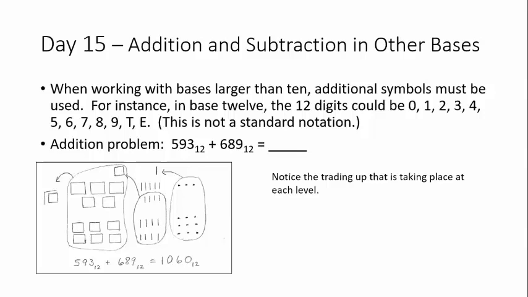I circle the 12 flats and draw an arrow to the cube that I draw. The uncircled elements in my diagram make the sum. I have 1 cube, 6 rods. I don't have any flats, and I don't have any units left. My sum is 1060 base 12.